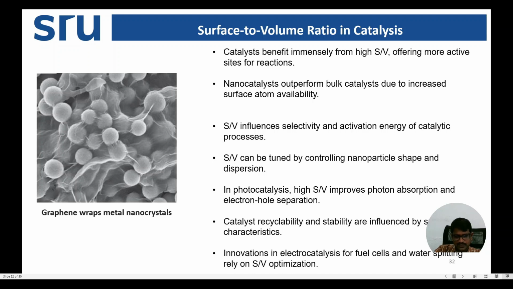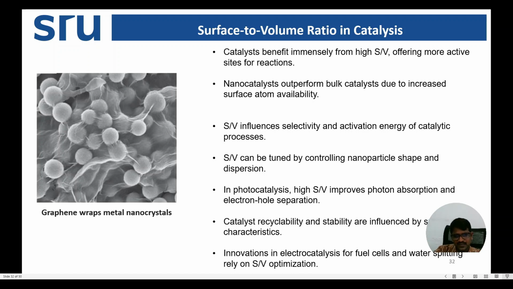If you see this picture, this graphene has a large surface area because it is a 2D material. Because of this more surface area, it provides more atoms at the surface, and thereby it has more surface energy.